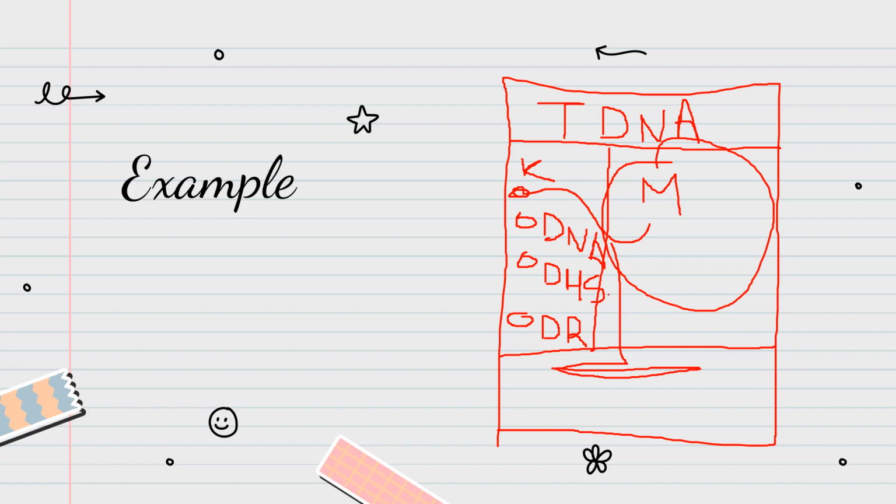Now I'm going to take the second keyword, and I'm going to write that DNA is a double helical structure. So this is how you're going to elaborate the second keyword. Now I'm going to elaborate the third keyword, DNA replication. That means DNA performs the function of DNA replication.